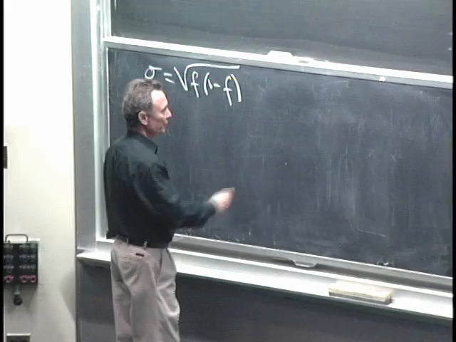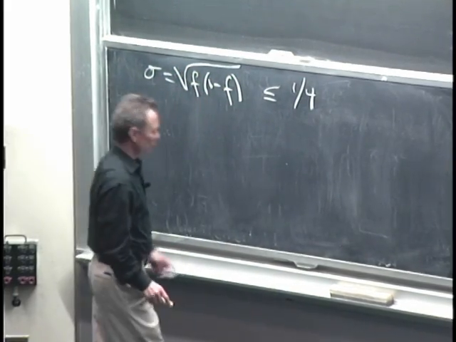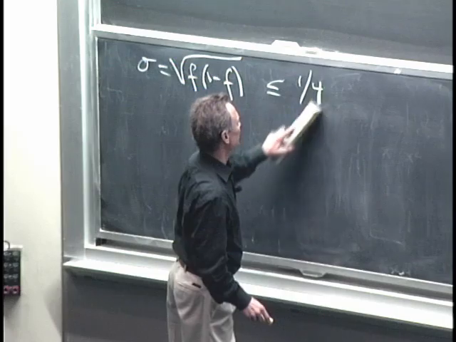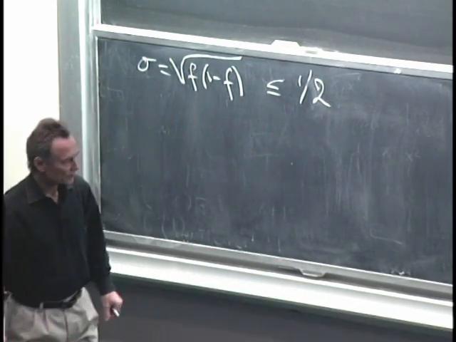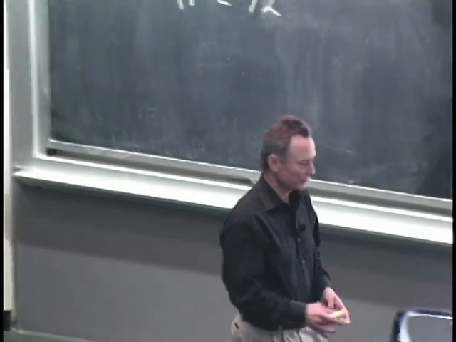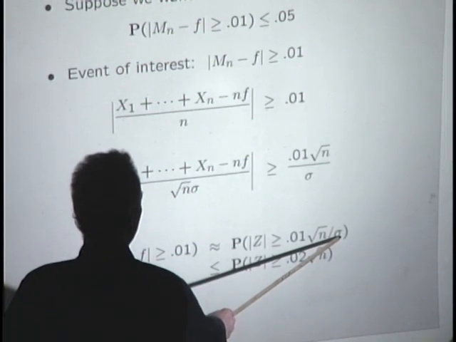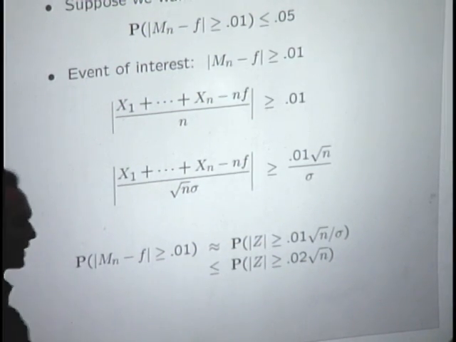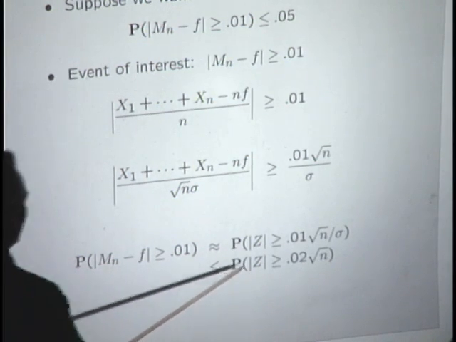And the only thing that we know about sigma is that it's going to be a number less than 1/2. Okay, so we're going to have to use an inequality here. We're going to use a conservative value of sigma, the value of sigma equal to 1/2, and use that instead of the exact value of sigma.